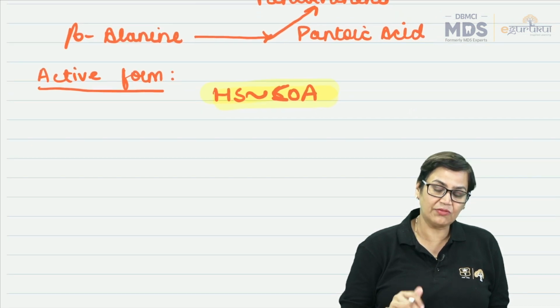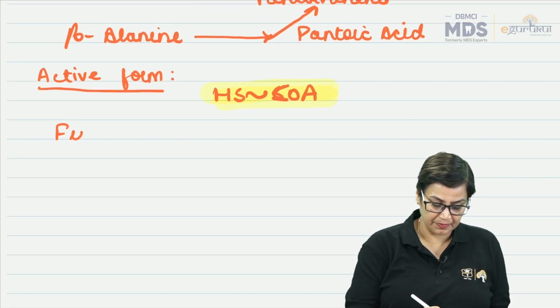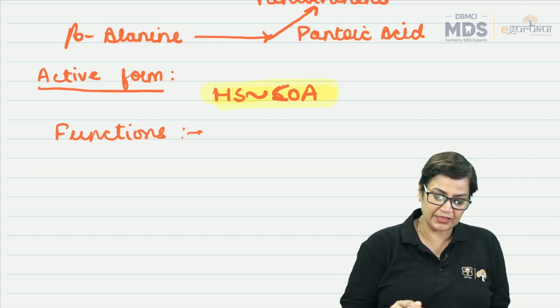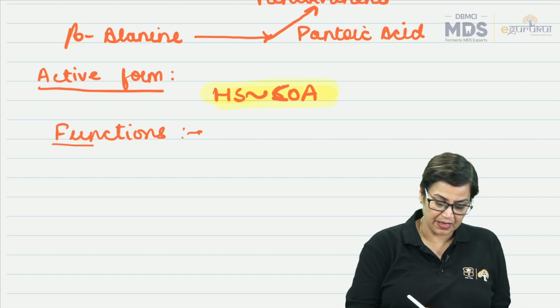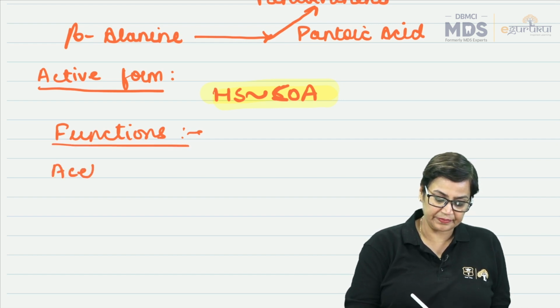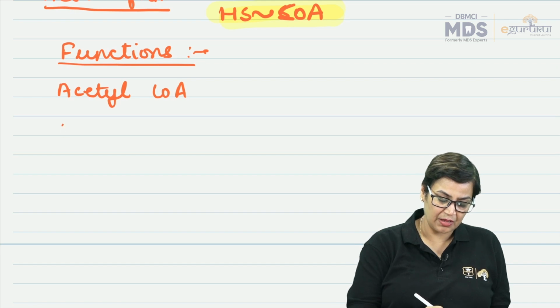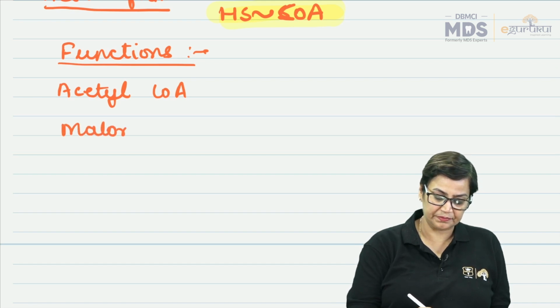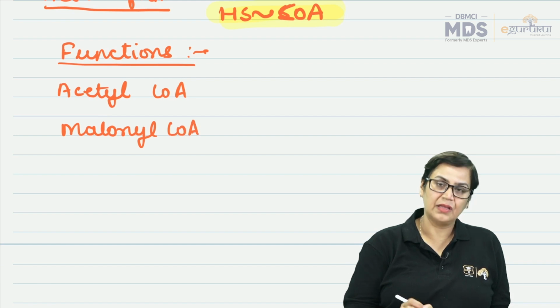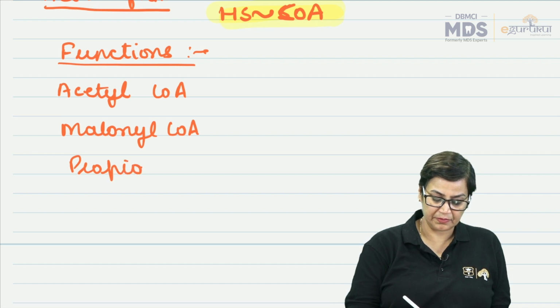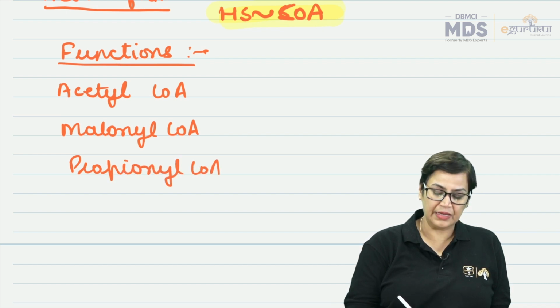Then coming over to the functions. Now, if we talk about the functions, all of us are familiar with acetyl-CoA, right? Then we are familiar with malonyl-CoA. We are familiar with propionyl coenzyme A. And we are familiar with HMG-CoA.